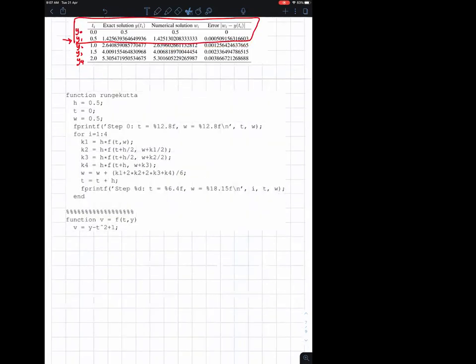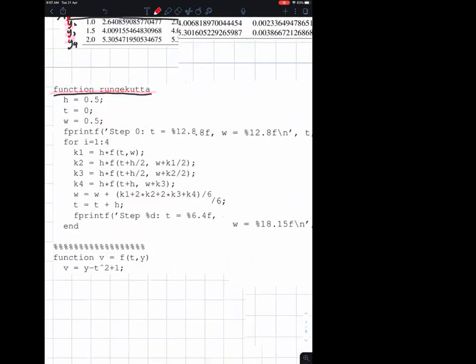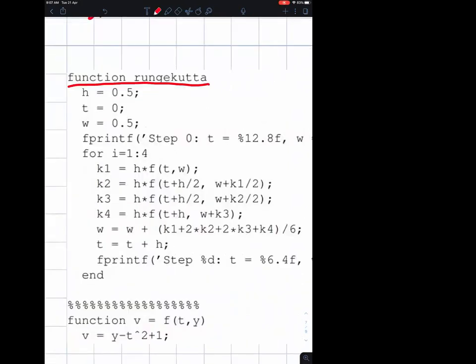But in MATLAB, they have a toolbox where you can call the Runge-Kutta function and just enter the step size h, the time t, and w, the initial conditions.